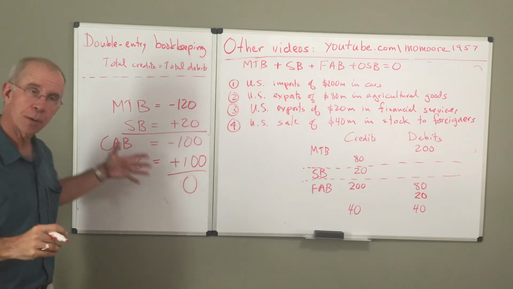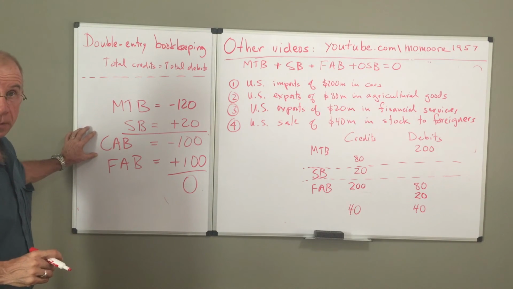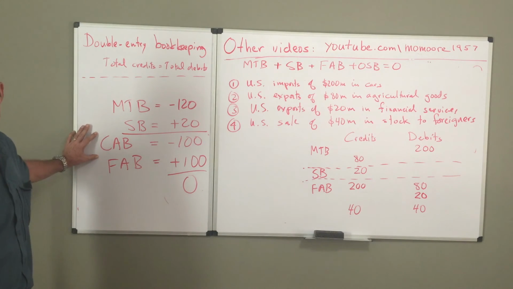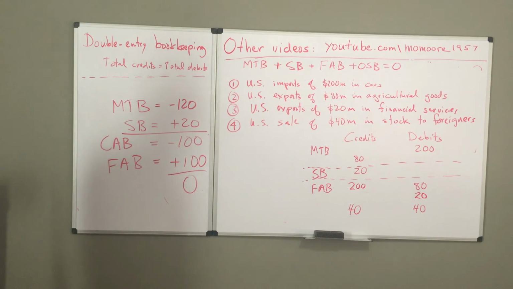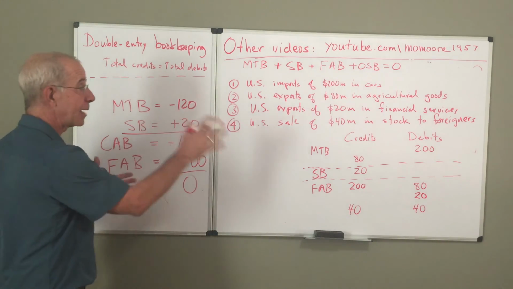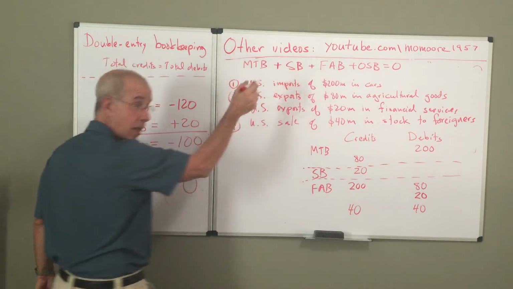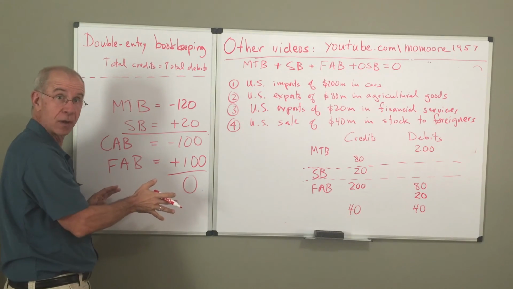I'm going to give an interpretation in another video about what a current account deficit means. Just say now that it means you're borrowing from abroad to pay for your purchases of goods and services. This example shows how the overall balance does not mean that individual components are in balance.